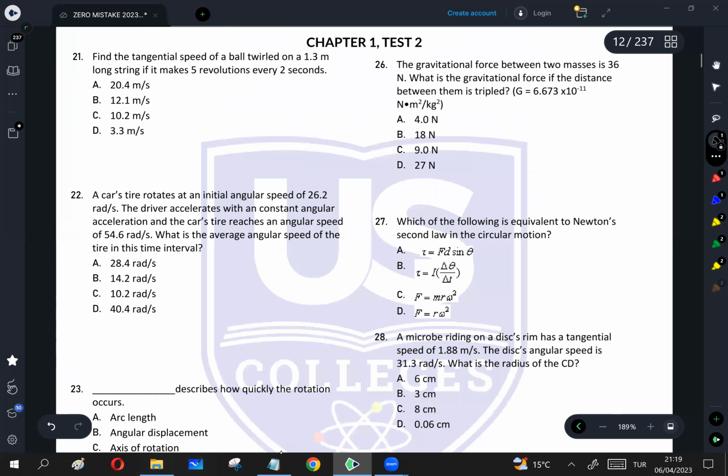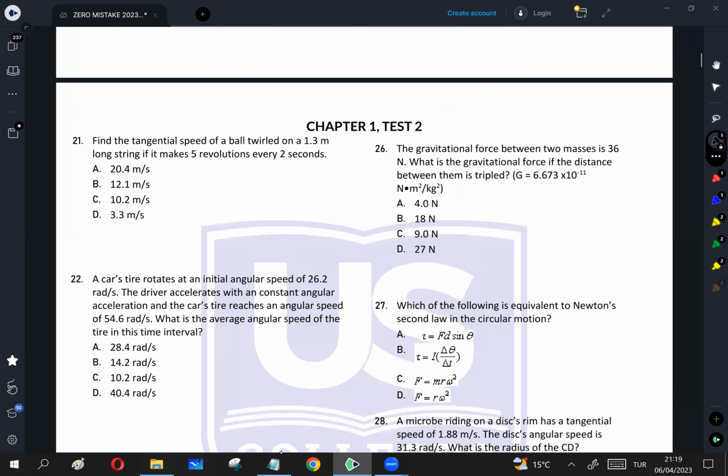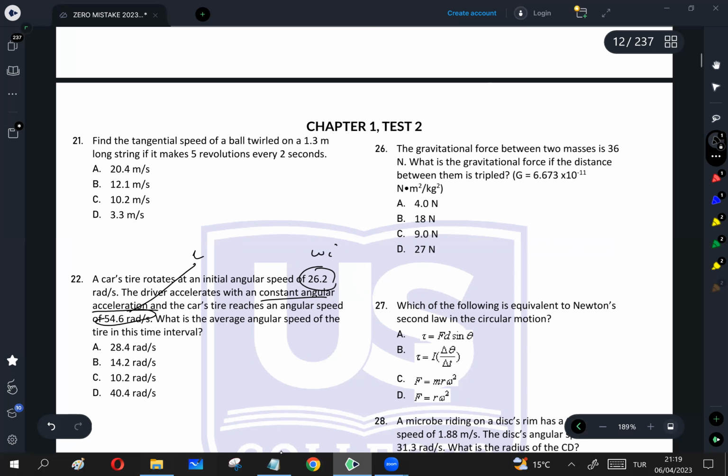A car's tire rotates at an initial angular speed of 26.2, omega initial, and the driver accelerates with a constant angular acceleration and reaches an angular speed of 54.6 radian per second. What is the average angular speed? Omega average is the question. If it is a constant angular acceleration, the object is speeding up uniformly.